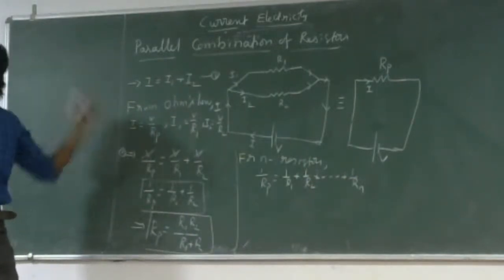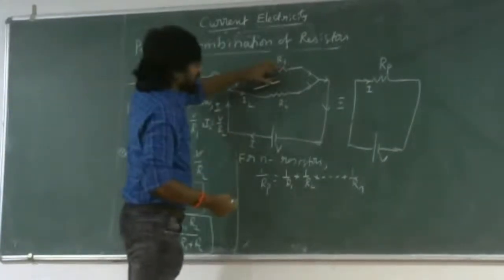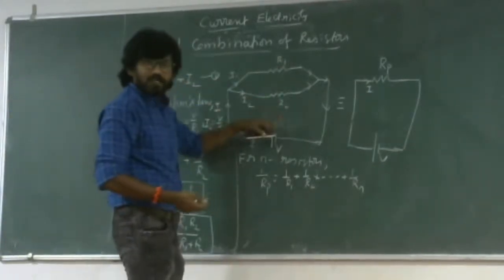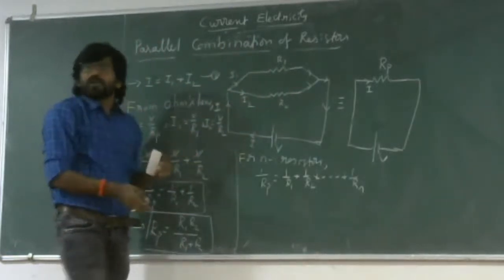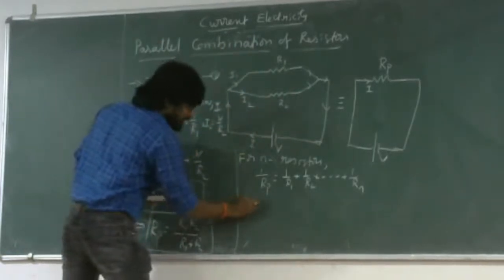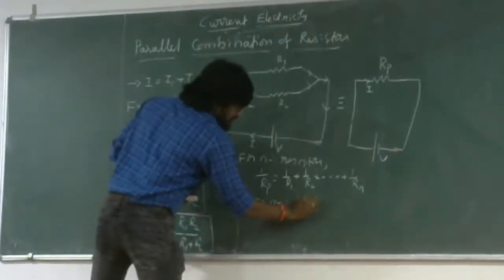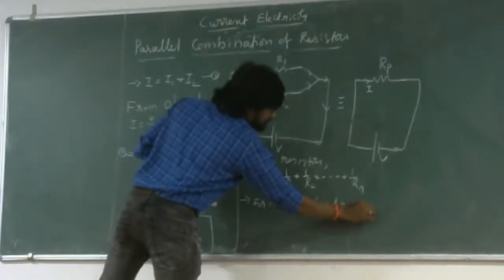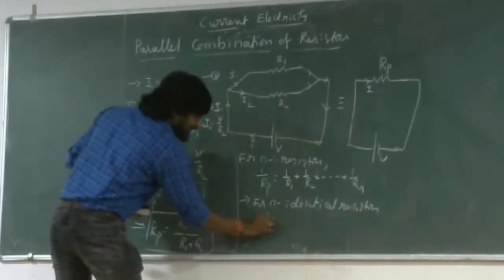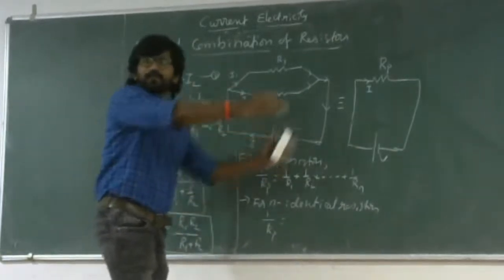Again, just like in the previous case, if all these resistors are identical, meaning R1 equal to R, R2 equal to R, R3 equal to R, with n resistors all of the same value, then for n identical resistors we write 1 by Rp is equal to 1 by R plus 1 by R plus 1 by R, how many times?